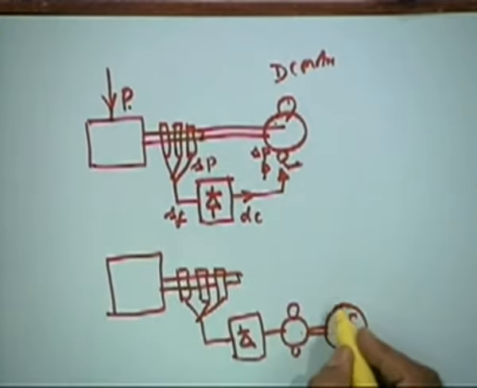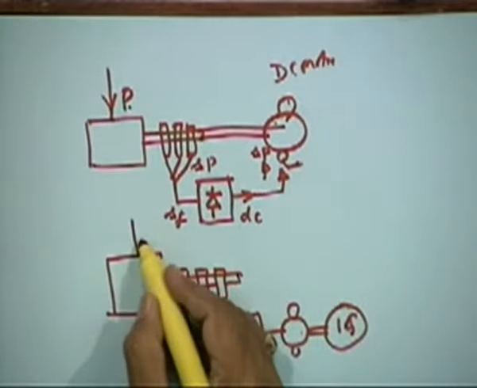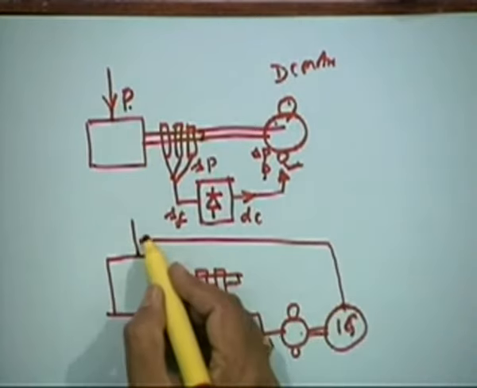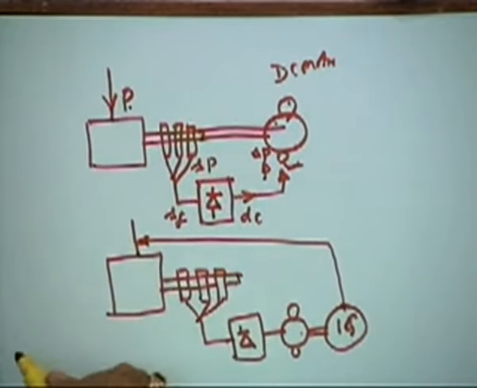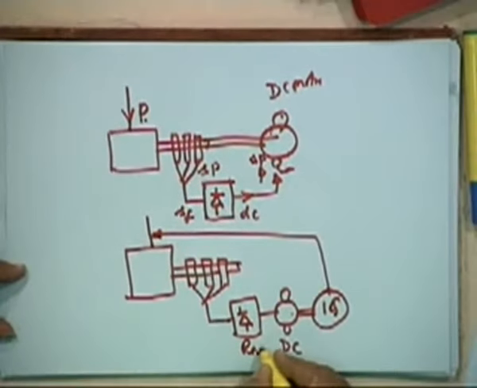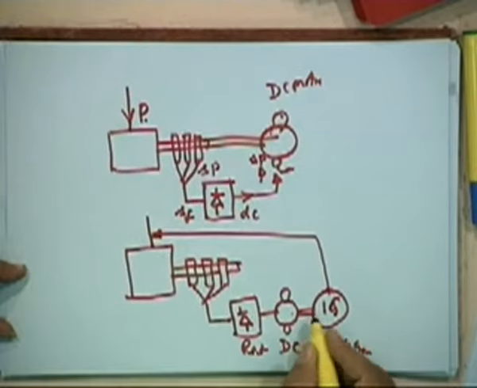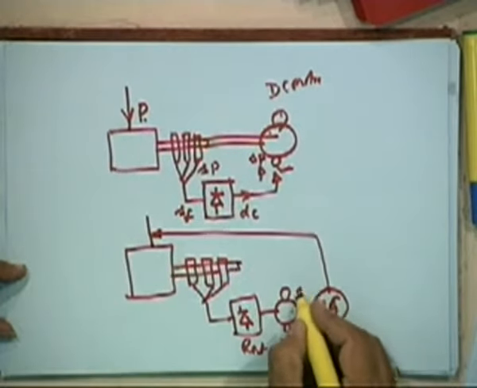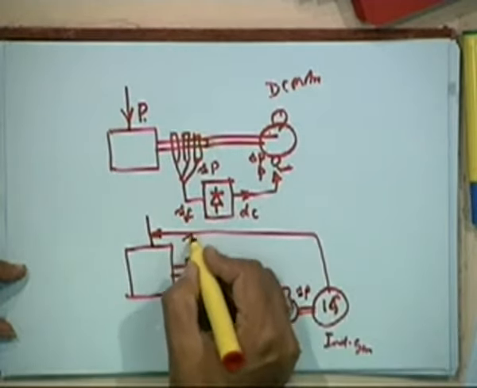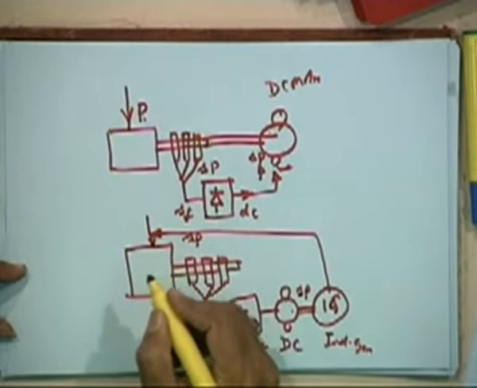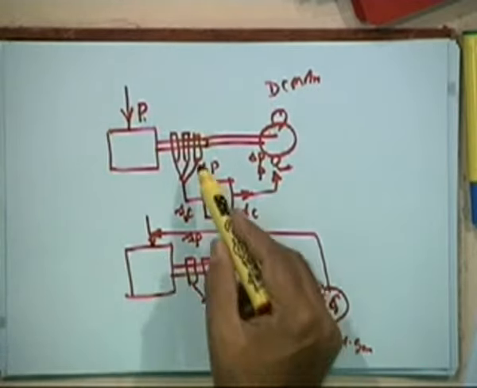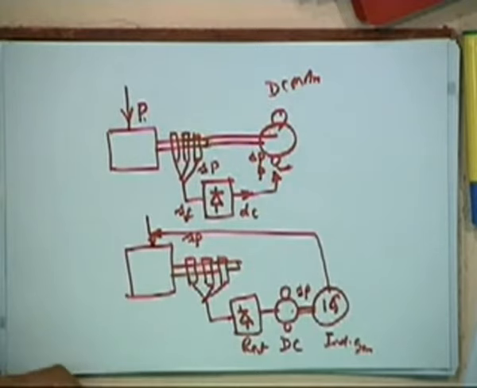This induction generator will feed power to the mains, it's connected to the mains. So this is DC, this is the rectifier, this is the induction generator. Because once you feed this power SP to the induction generator, it goes to the mains. So this is a combination of some rectifier circuits and rotating machines.